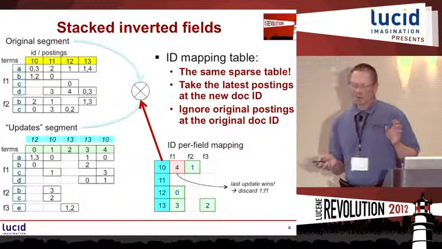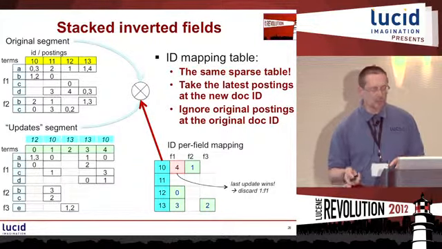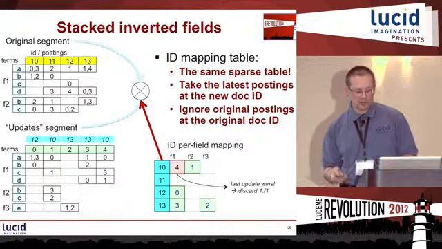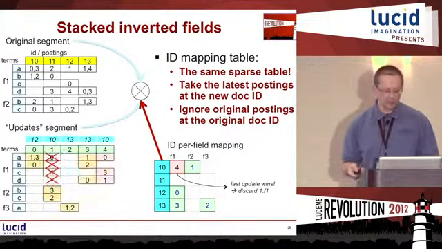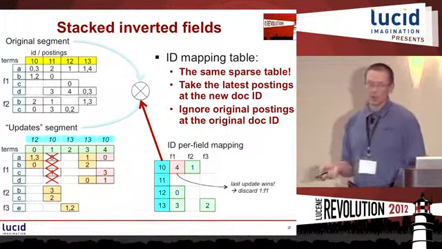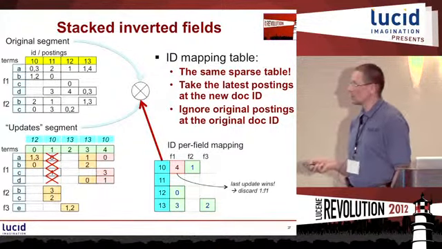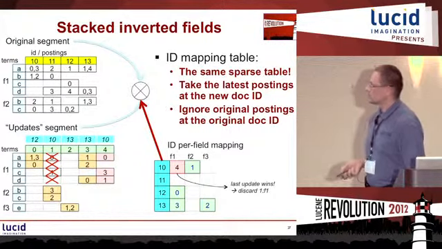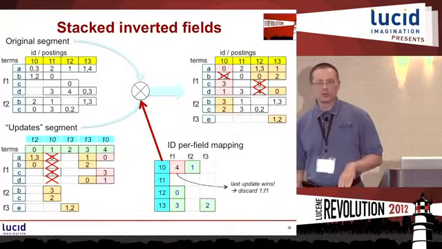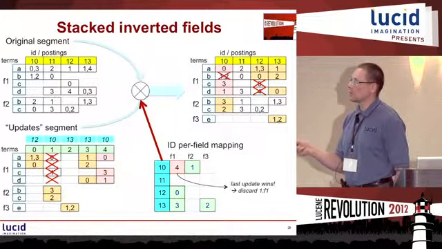And we take the latest postings at the new document ID. So you remember, for document number 10, we had 2 updates, and only the latest should win. So that's what we do. We discard the updates from document number 1 for field 1 because they are obsolete. They were superseded by updates in document number 4. So based on this, we get the new postings here, which are a combination of this original table.